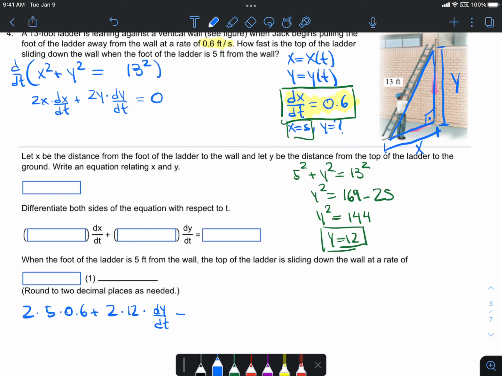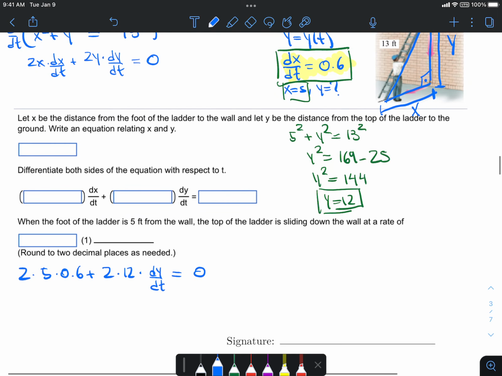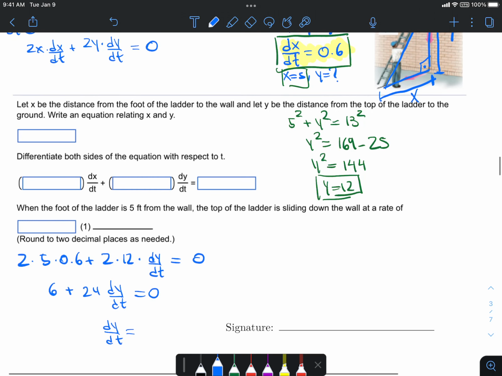That's what we want to know. So that in turn gives us 6 plus 24 dy/dt equals 0. So that gives dy/dt equals minus 6 over 24, which is minus 1 over 4, if you simplify, feet per second.